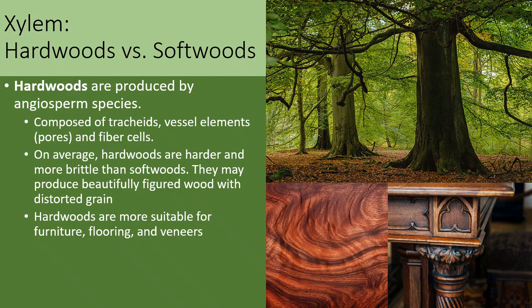And so sometimes you'll get these really beautiful patches of distorted grain within a tree, and those are really highly valued for making furniture and musical instruments. And hardwoods are just more suitable for flooring, furniture, and veneers, which are those thin sheets of really pretty hardwood that are overlaid on cheaper furniture that's made out of things like plywood.